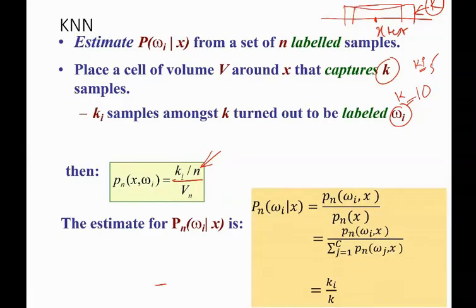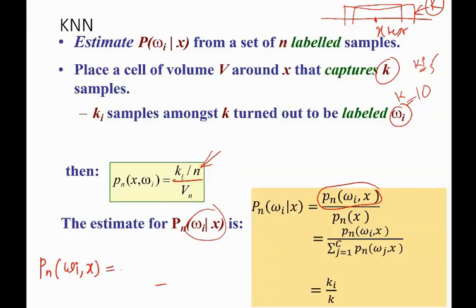Now the estimate for the posterior probability of omega I given x. So this is the joint probability, the probability of omega I and x.